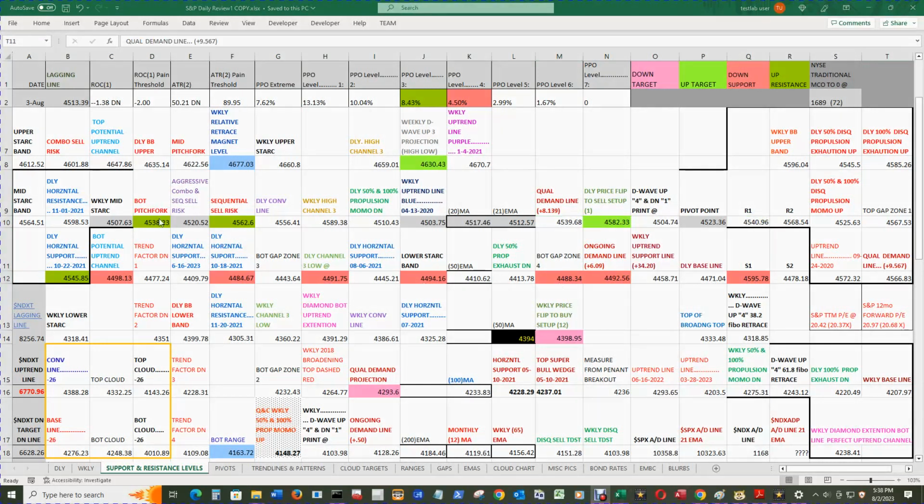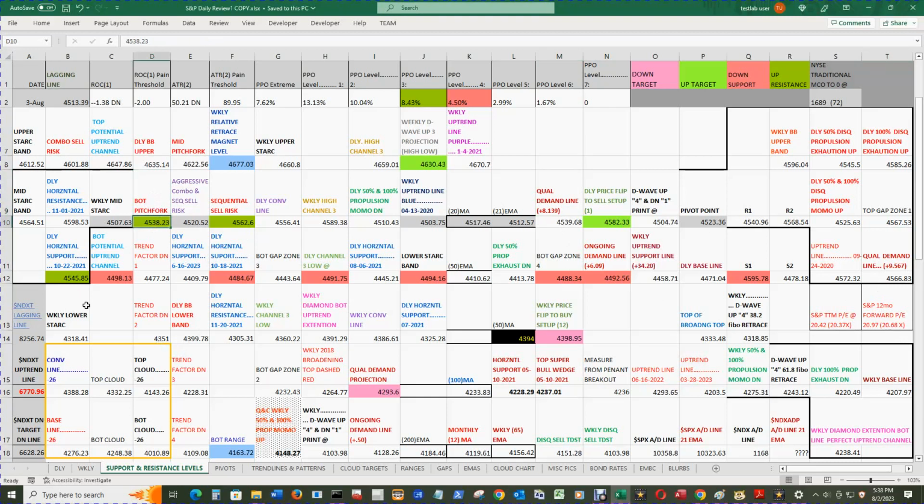And to the upside in the 4500 zone is this bottom of the pitchfork. If it has a hard time getting above that, then that will get in the way of canceling this demand line and this one too. So this is a critical level to watch, 4538.23.